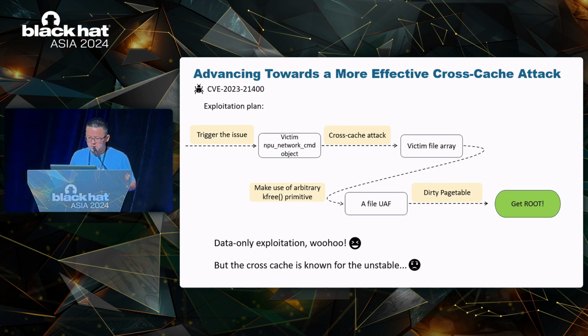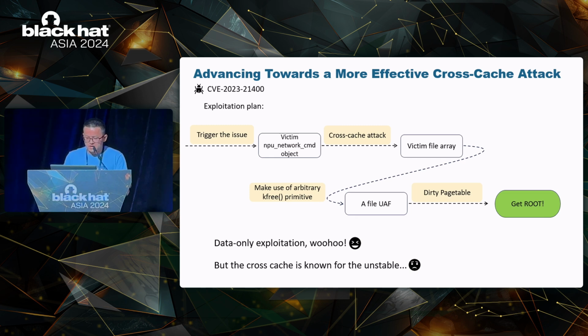And here is my exploit plan for the issue. First, trigger the issue to get the victim object, and then use cross-cache attack to let file array occupy the released victim object. After that, make use of the arbitrary kfree primitive to trigger a file UAF.